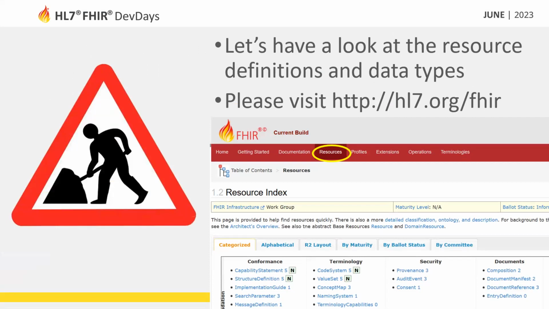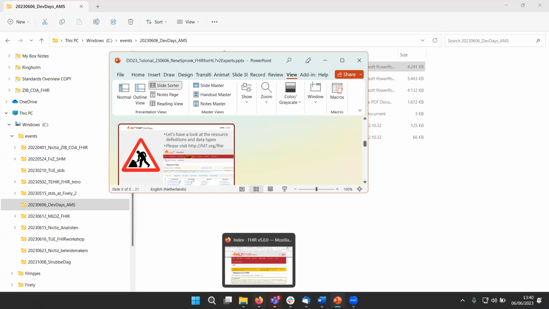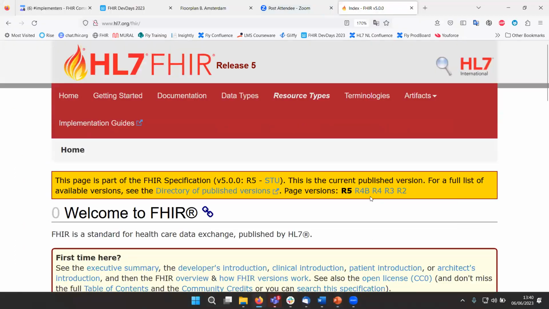Now to show you, because I only spoke about all of this in version 2 terms, let's have a look at the FHIR specification and see how this actually looks in the FHIR spec. So we'll open up the FHIR specification, at hl7.org/FHIR.